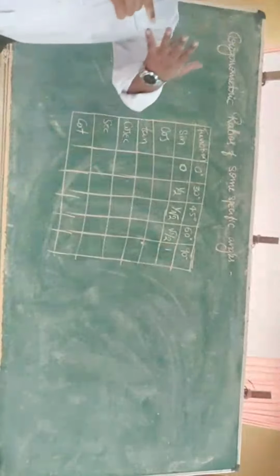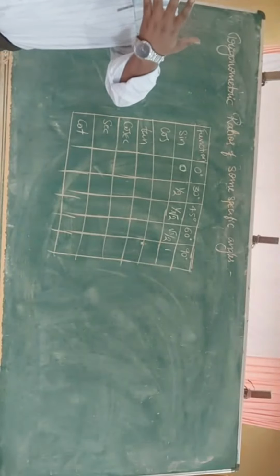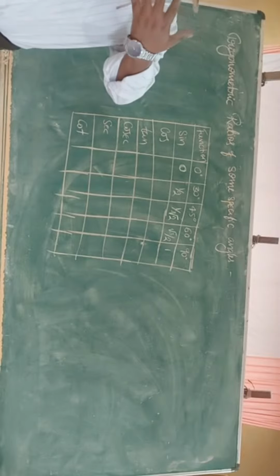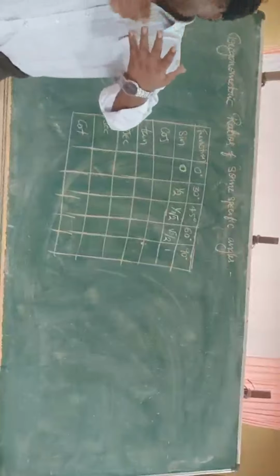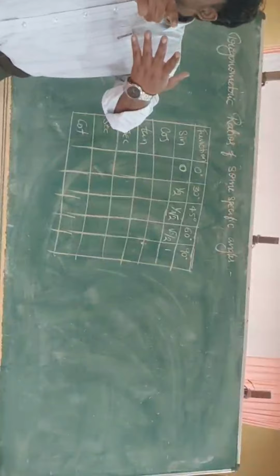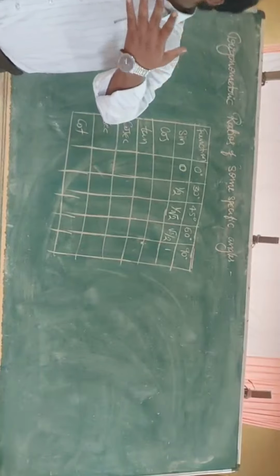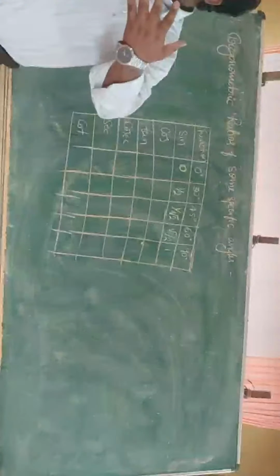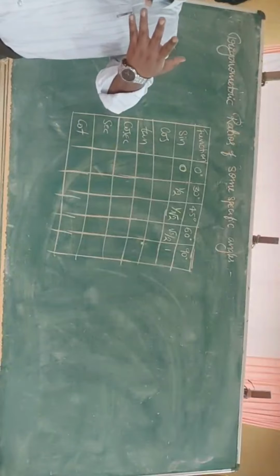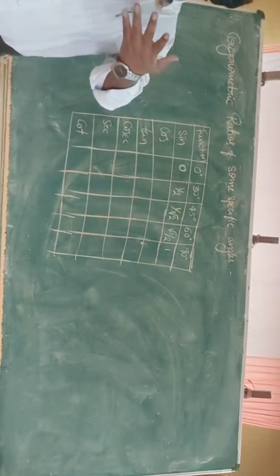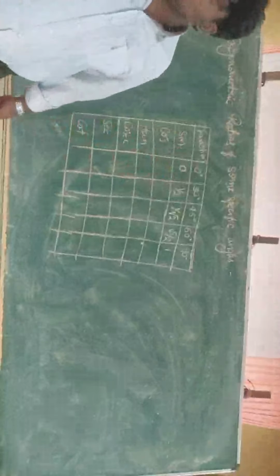So for 0, 30, 45, 60, 90, the value lies between 0 and 1. When the angle increases, the sine value also increases. Sine 0 is the least value, correct? 0 degree is the least, so the value is also 0. At last, sine 90 is 1.